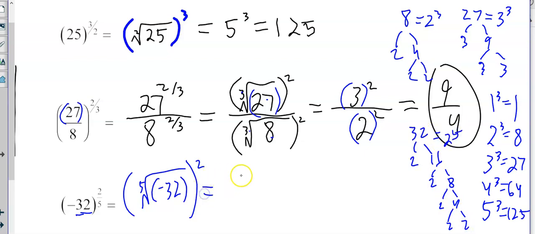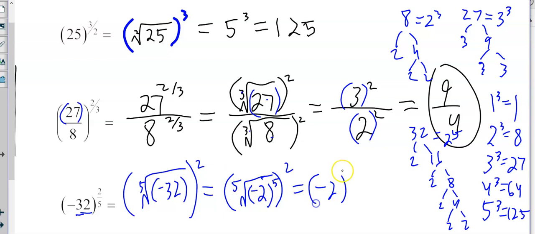So if I rewrite this, this would be the fifth root of negative 2 to the fifth power. So that would be negative 2, and negative 2 squared is 4. So we have an answer of 4 there.